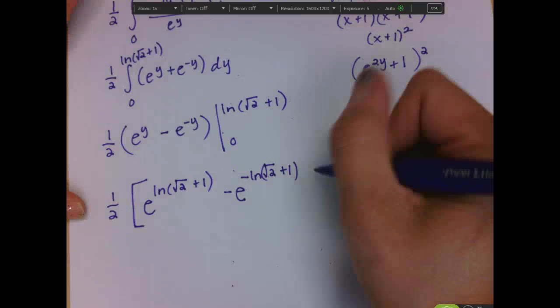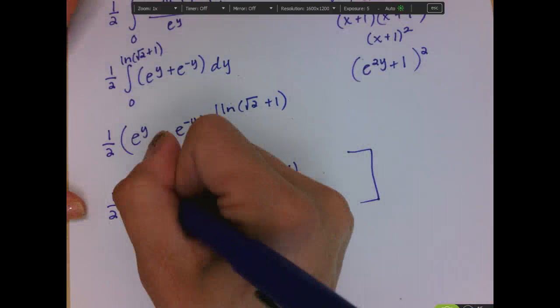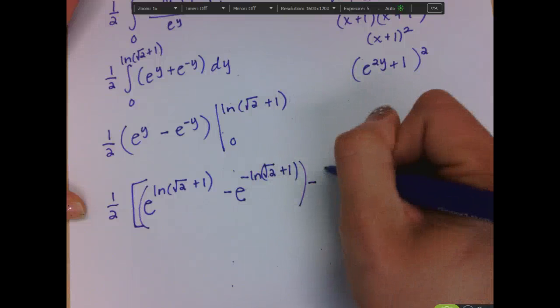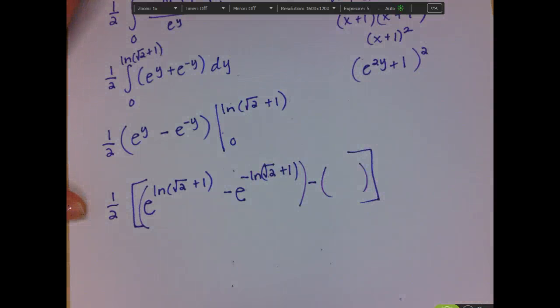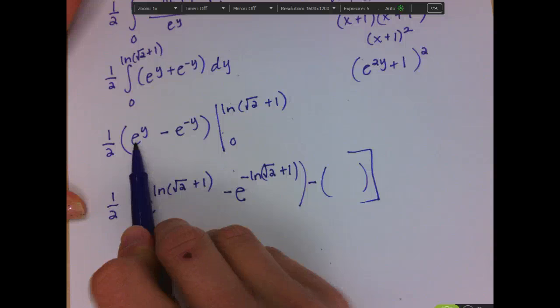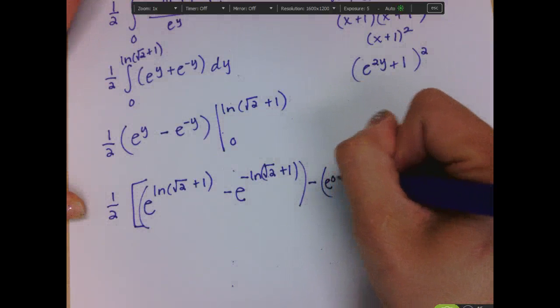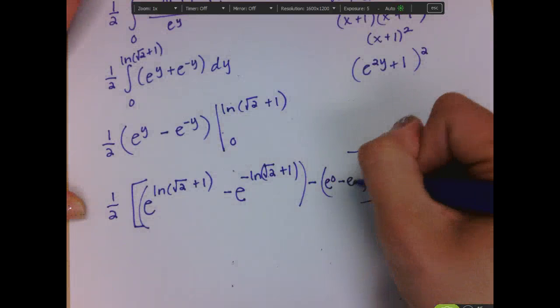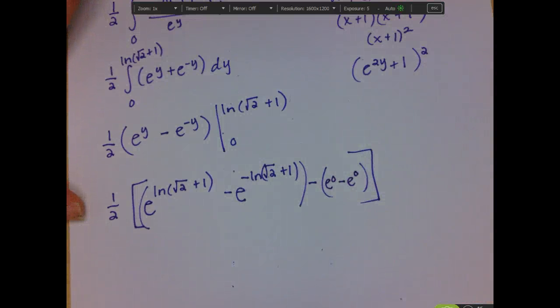From that, I'm going to subtract, I should put an extra set of parentheses around these things, from that, I'm going to subtract e to the 0 minus e to the negative 0, when there's no such thing, so it's just 0.